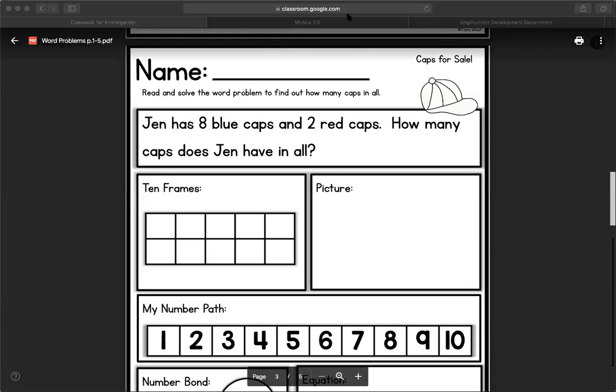We're doing the whole worksheet, right? Or are we just doing the 10 frames? The whole thing. So the 10 frames, picture, number bond. Go ahead, do your 10 frames. Okay, how many in there? How many blue? And I'll give you guys 1 more minute. Landon, are you doing okay?